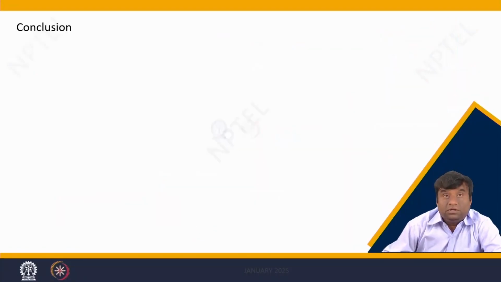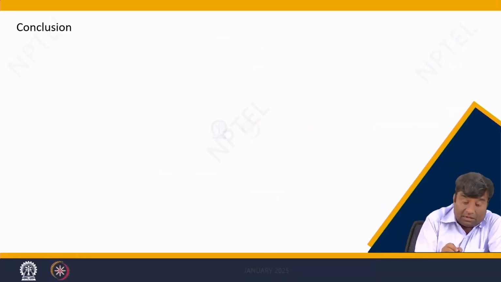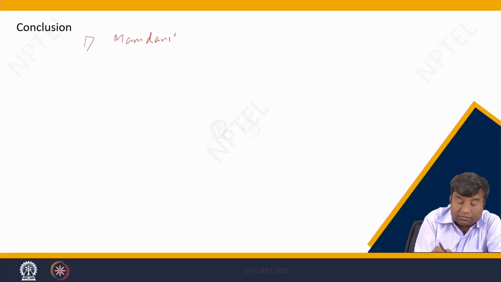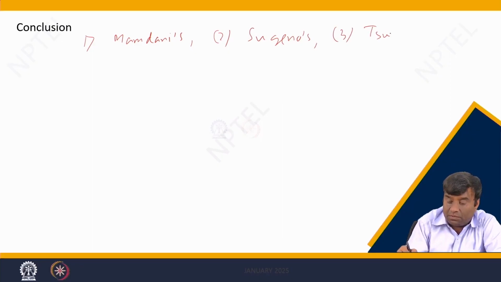So in this class we have discussed three inference methods: one is Mamdani, second is Sugeno, and third is Tsukamoto. These three inference methods you have studied.